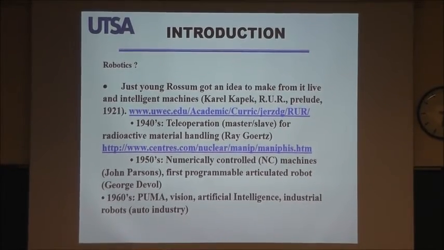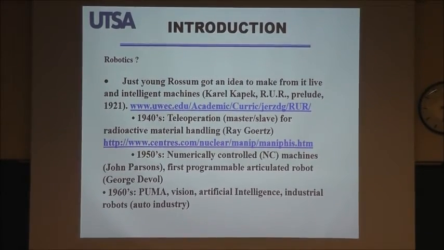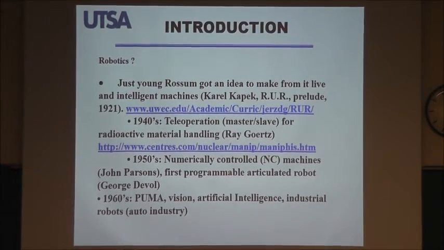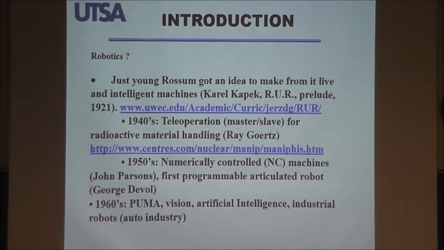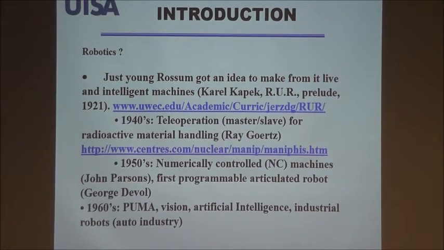For that reason, you need an operator, a human, to operate a master robot to handle the slave's behavior through a window and through a camera. So this is actually what happened in the post-World War II.